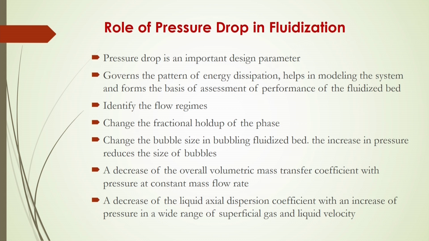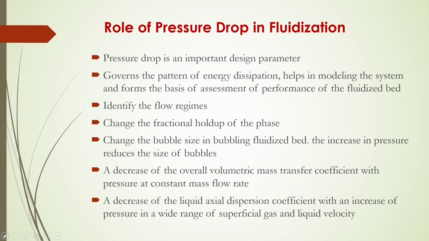So, we have seen that there is a role of pressure drop inside the fluidized bed, by which we can get different flow regimes and the energy dissipation inside the fluidized bed. We can say what the performance of the fluidized bed should be based on the mass transfer and heat transfer also. And then what should be the bubble size distribution inside the bed? Of course, it depends on the pressure drop.